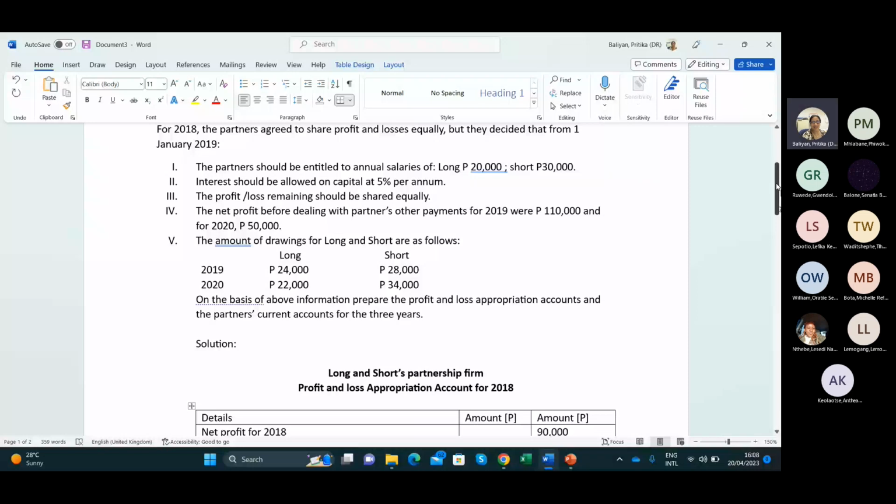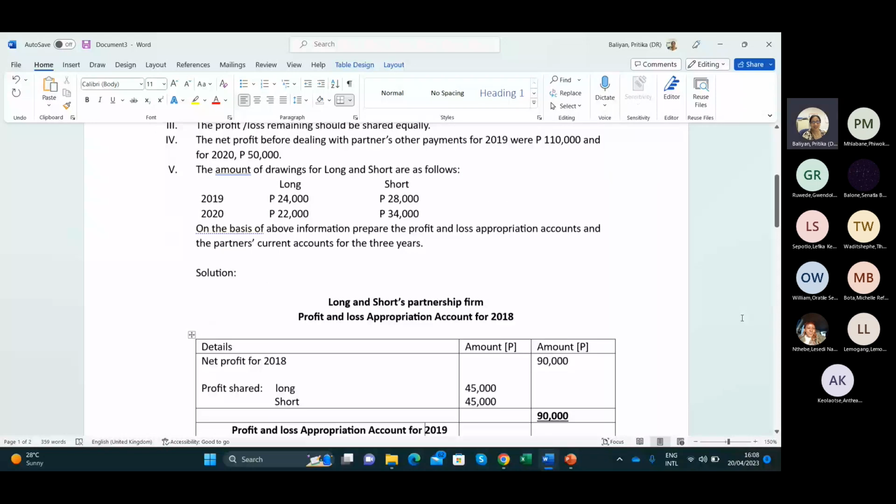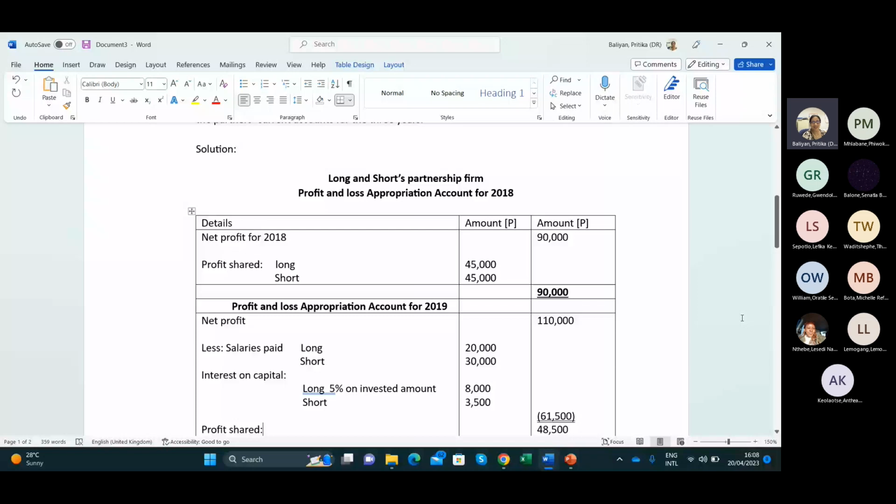It is given in the question here. So we will take it from there for the profit and loss appropriation account for 2019. The net profit for 2019 is 110,000.